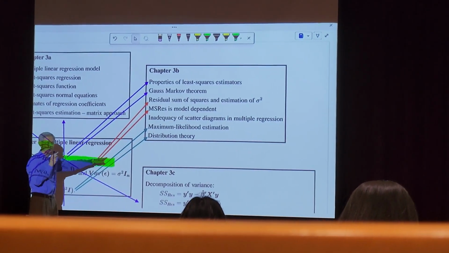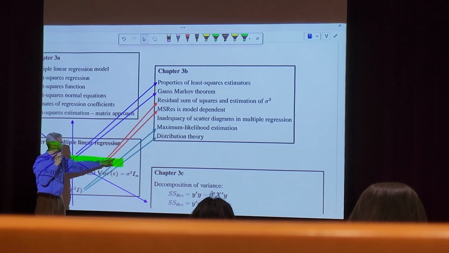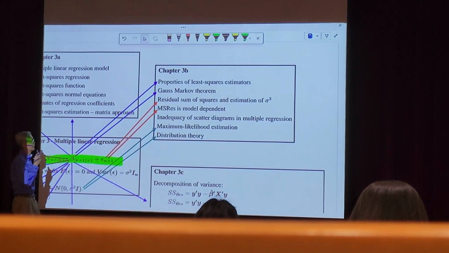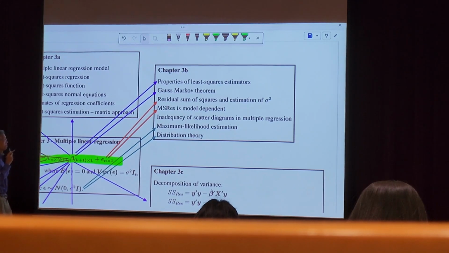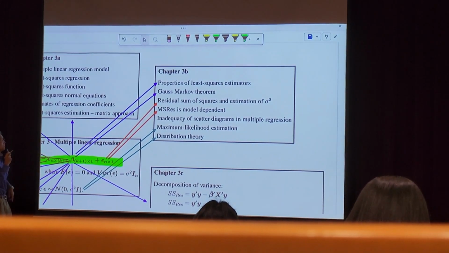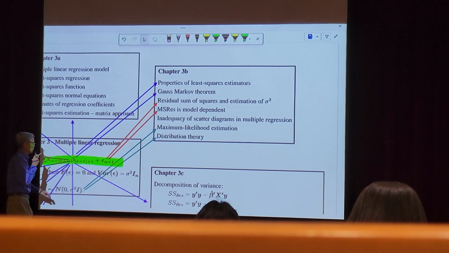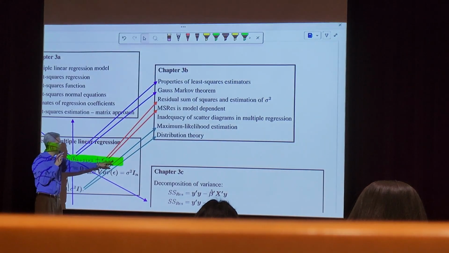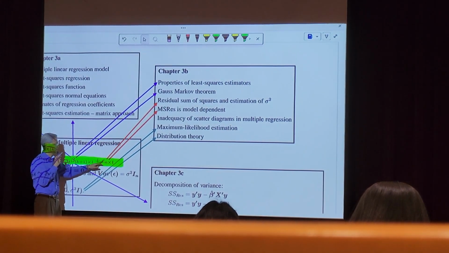We also study the random error epsilon, so in chapter 3B we try to estimate epsilon.